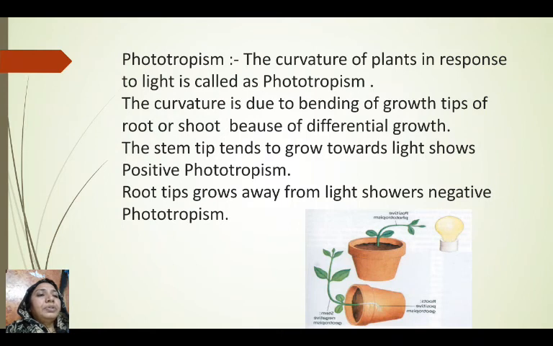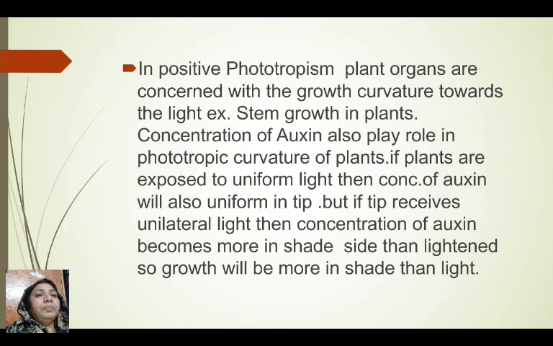Therefore, they show negative phototropism. In positive phototropism, the plant organs show growth curvature towards light, for example, the growth of stem apex in plants. The concentration of auxin, which is a growth hormone, plays an important role in the phototropic curvature of plants.